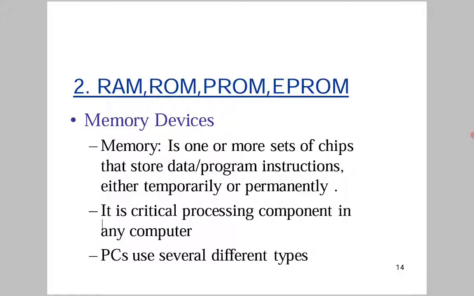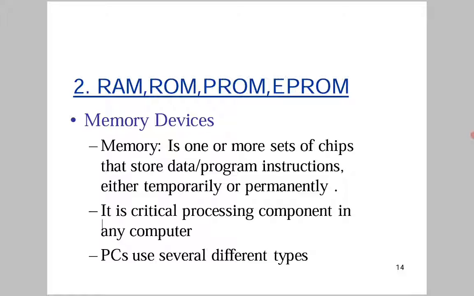It is a combination of one or more chips which are generally used to store data, information, programs or instructions in two ways, either in a permanent way or in a temporary way. Generally, computer memories are of two types: permanent and temporary.